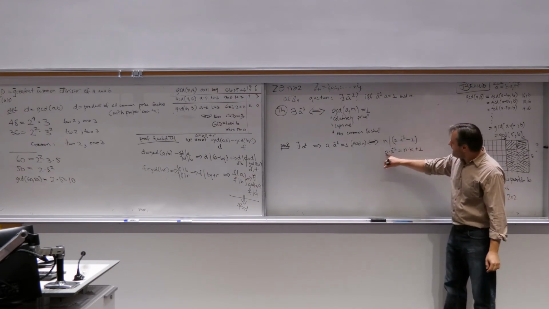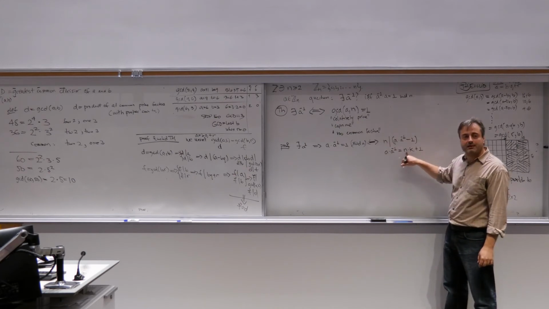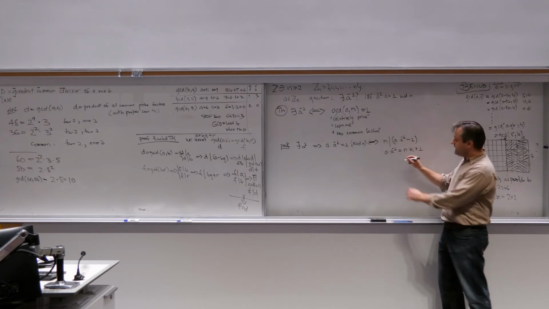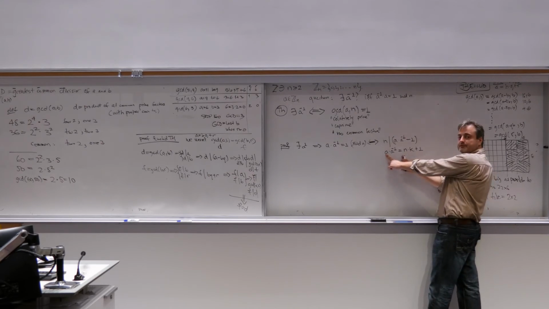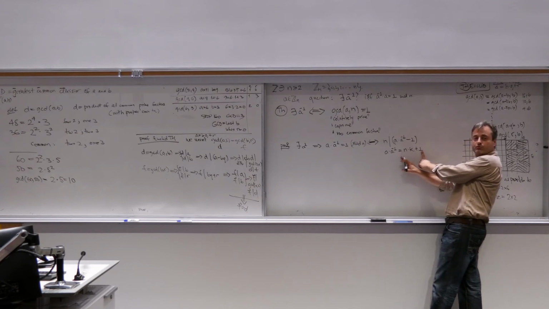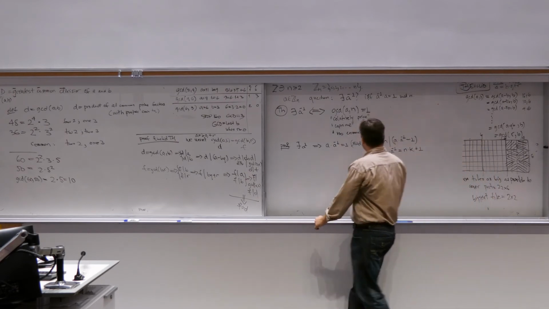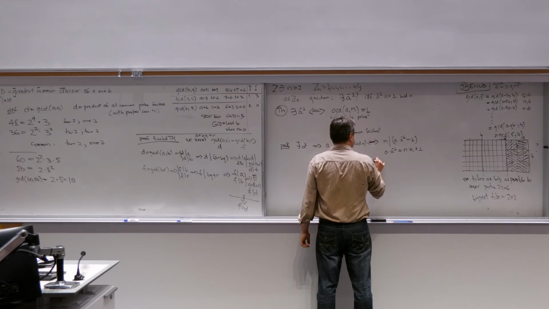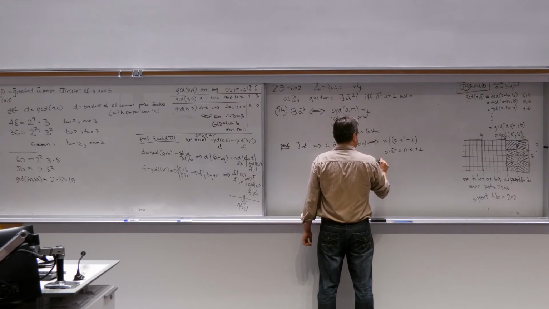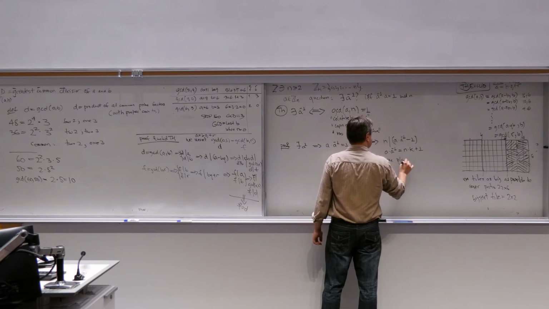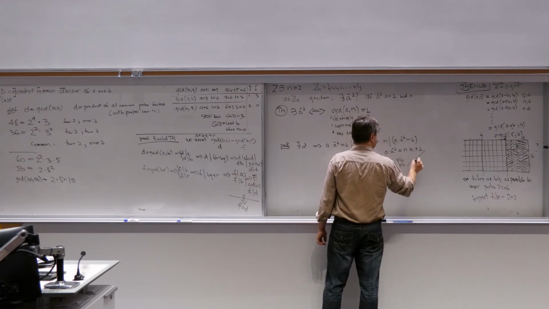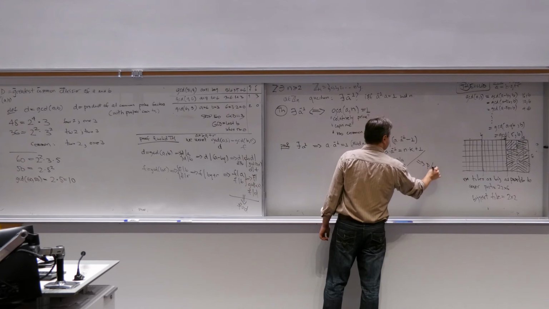Now, can A and n have a prime factor in common? If A and n have a prime factor in common, what will happen with that prime factor? It will have to be a factor of 1, right? A common prime P that divides A and divides n will imply from these 3 things that P has to divide 1.